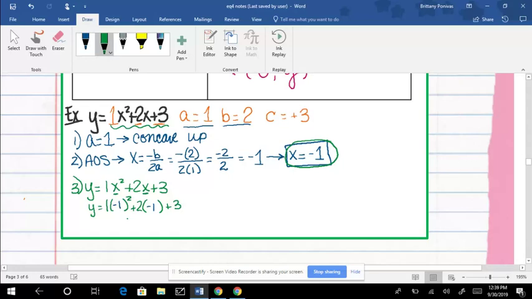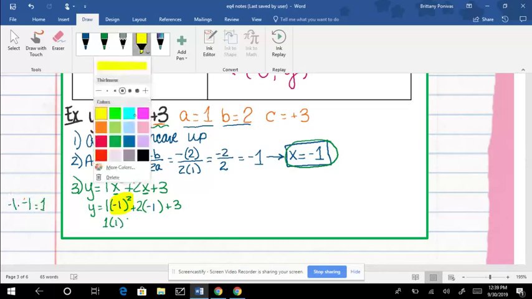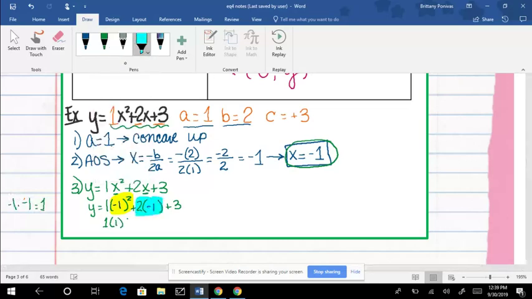Now you don't have a calculator, so you're going to have to break down these steps. So 1 times negative 1 squared, which is negative 1 times negative 1, which is positive 1. And then we're going to do 2 times negative 1, which is negative 2.